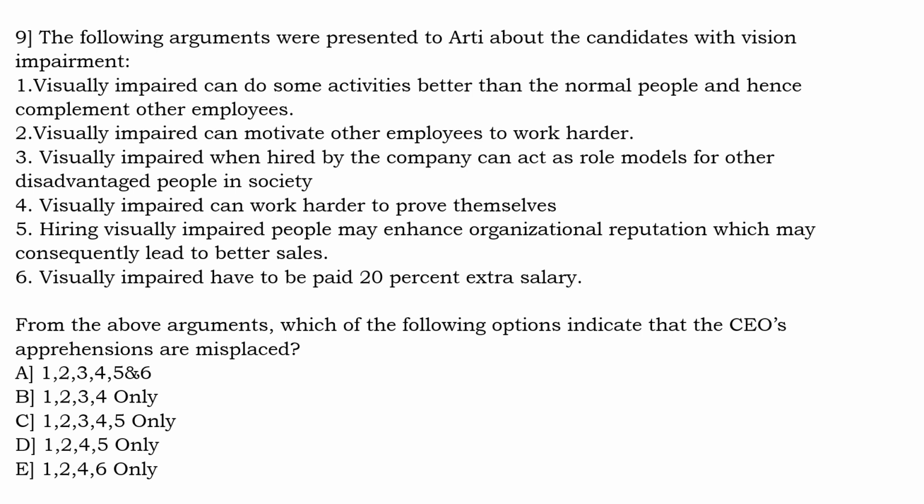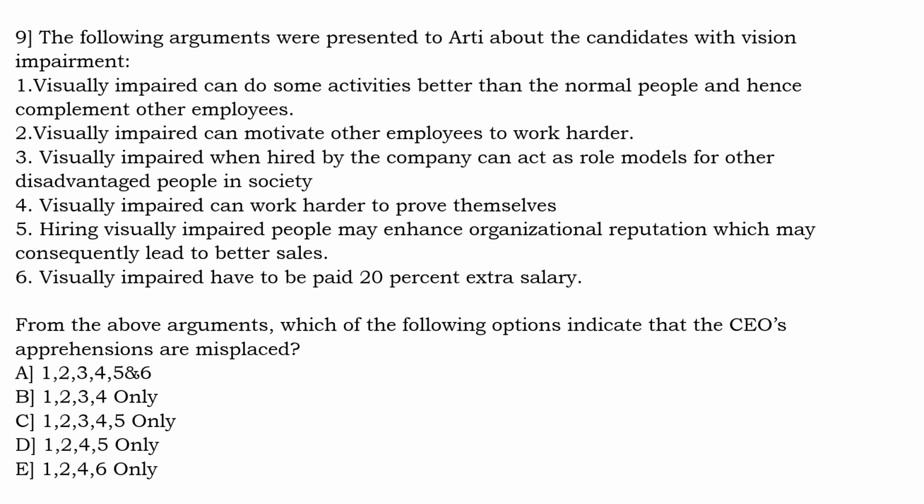All right, and the question is, which of the following options indicate that Aarti's apprehensions are misplaced? So, in simple terms, which are the options which justify that visually impaired people have to be hired by the company, or which give certain reasons or advantages that the company can get by hiring visually impaired people? This is the thing that you have to find out.